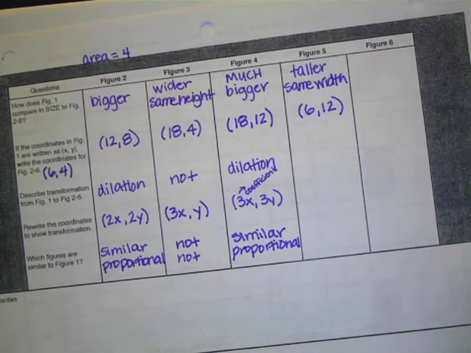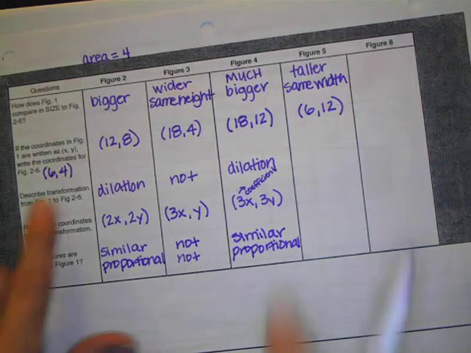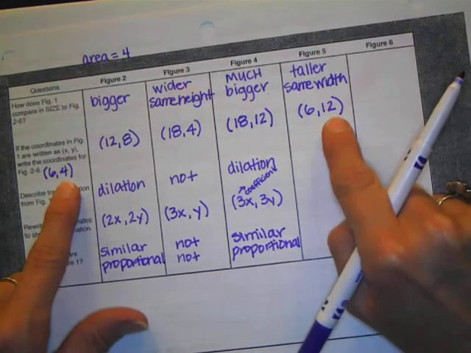He's already looking at the numbers. Did you even look at the picture to see? No. You didn't even use it to check. No. He's like, these numbers tell us the truth, people. Now wait, tall. If I'm looking at tall, am I looking at the x or the y? The y. Okay, so 4 and 12, that's times 3.